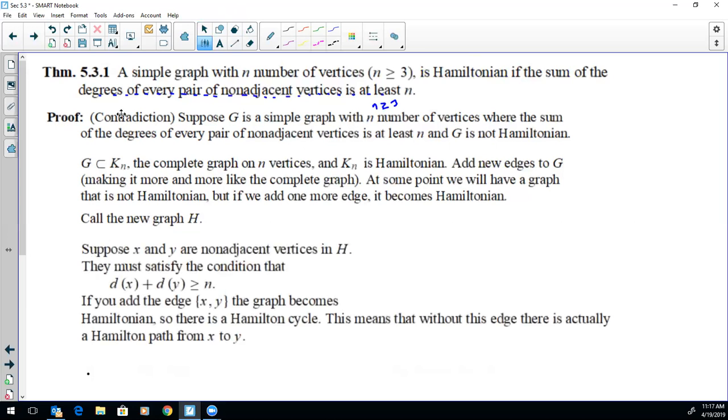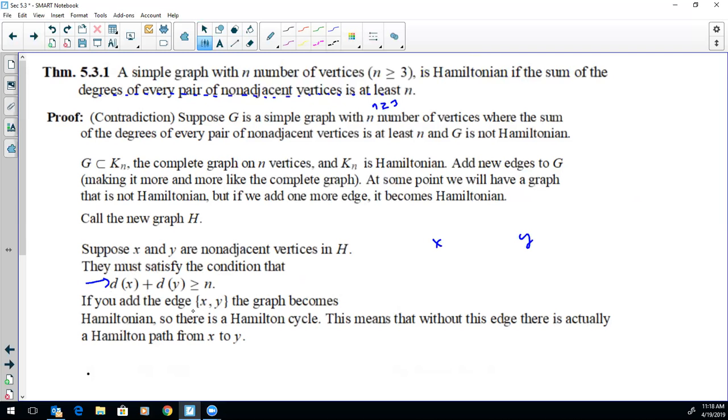Now, suppose I take a couple of non-adjacent vertices in this new graph. Call them X and Y. They must satisfy this condition. Well, they satisfied that condition in G. They weren't adjacent in G, and they satisfied that condition in G, and all we've done is add edges.